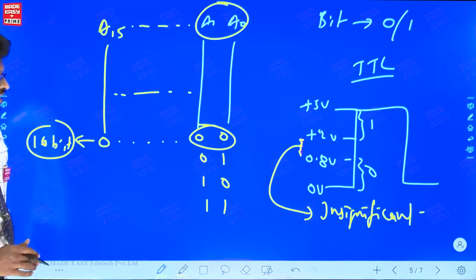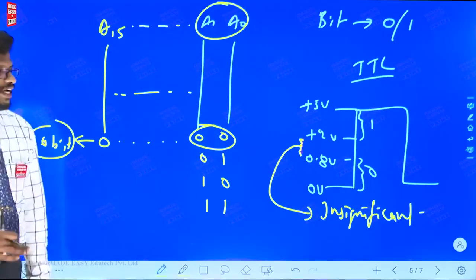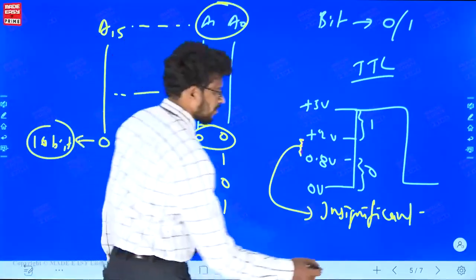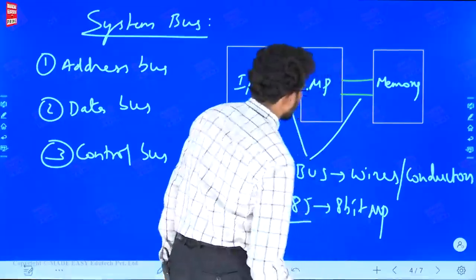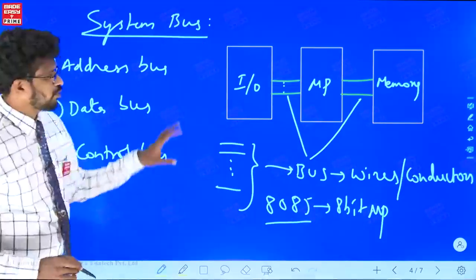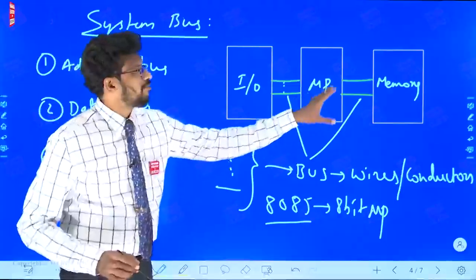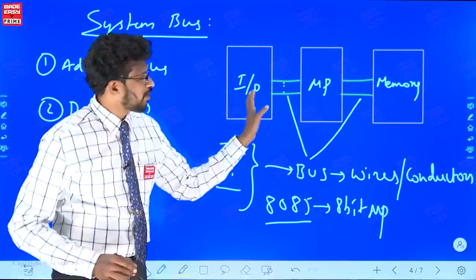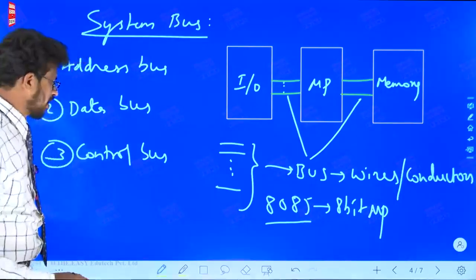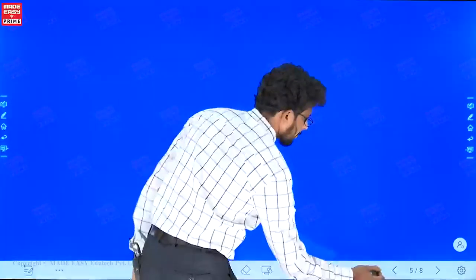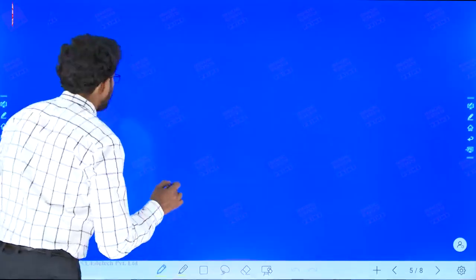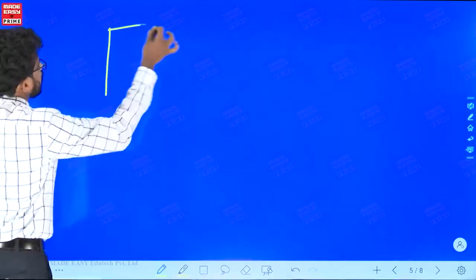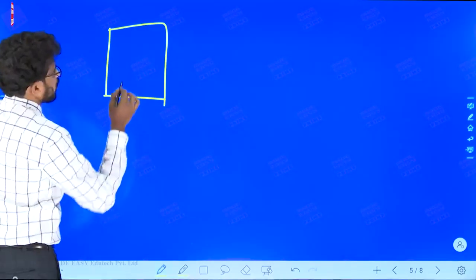The third parameter is direction. Now, tell me, what is the purpose of this address bus? Address bus is used to send the address of memory or IO device from the microprocessor. If you observe carefully, to make it simple, I have drawn the diagram in another way.